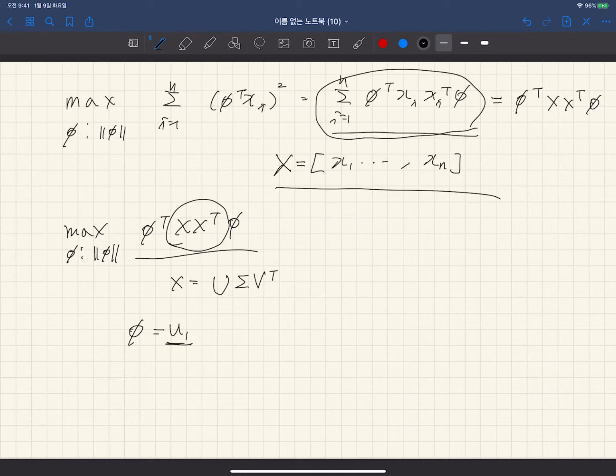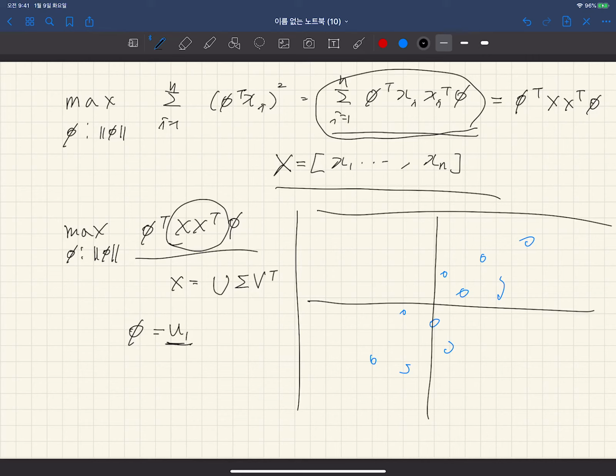Okay? And in this way, you can define as many principal components as you want. After you extract the first principal component, for instance, when you have data points here, and you have this axis, the first principal component, you have this residual term.